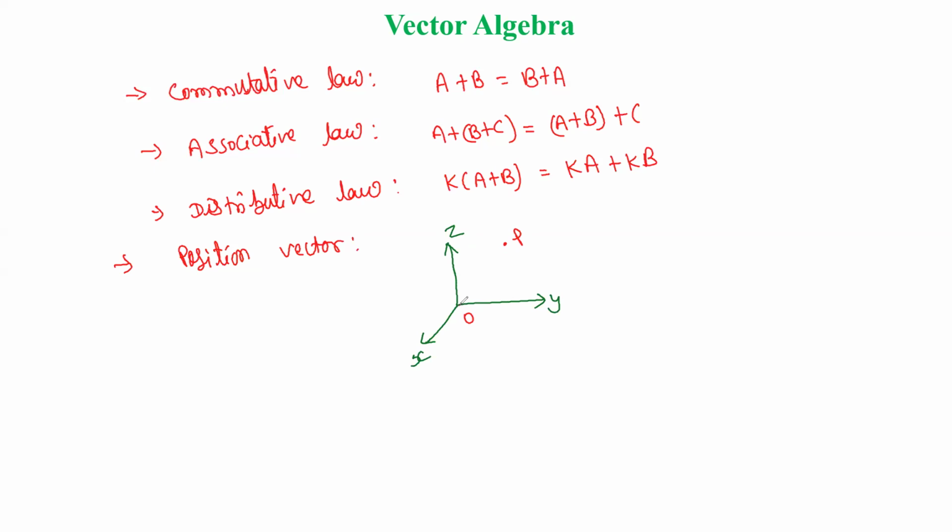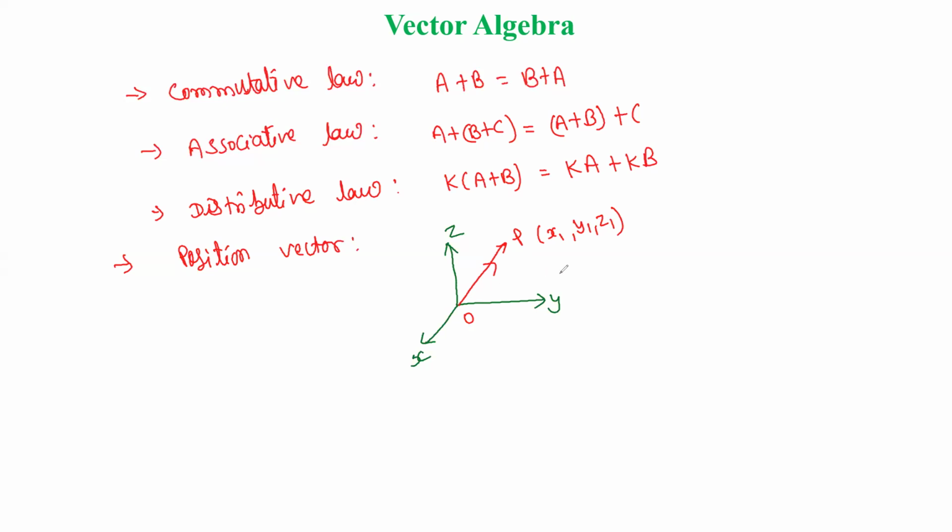So what is the position of point P with respect to the origin? This vector is our position vector, and P will have some coordinates, suppose x1, y1, z1.